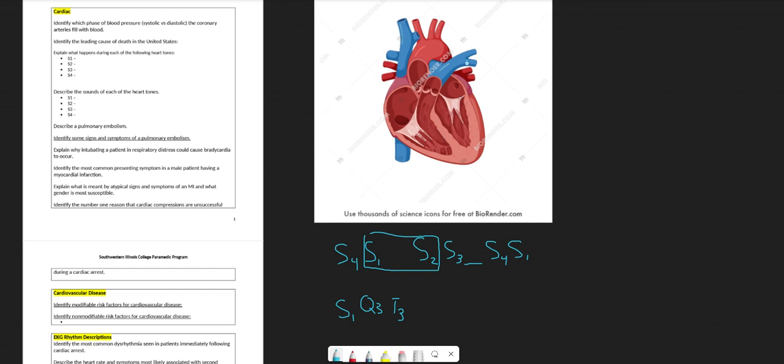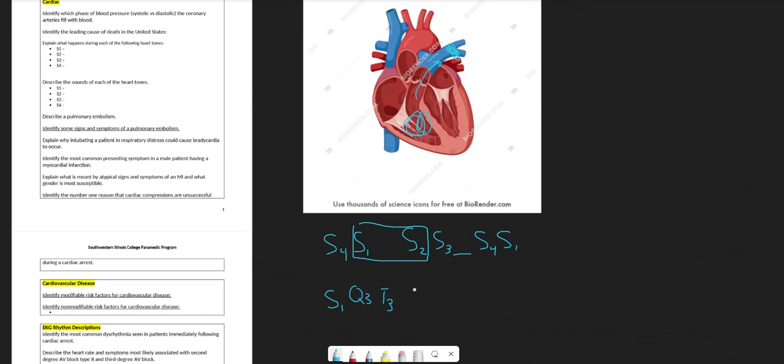Because if you think about it, if there's a blockage in this pulmonary artery somewhere, and the heart is pushing against it, it's going to create more pressure back here. But it's not necessarily caused by this, and can be caused by any number of other things: pulmonary hypertension, pneumothorax, other things as well.